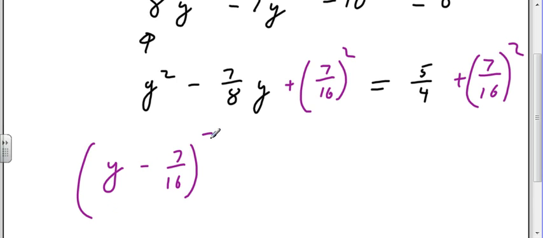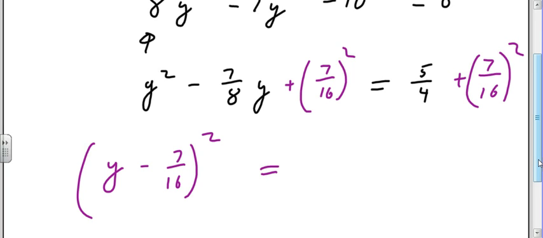The quantity squared is equal to 5 divided by 4 plus 49 divided by 16. I don't know what 16 squared is, so I just put it in my calculator.